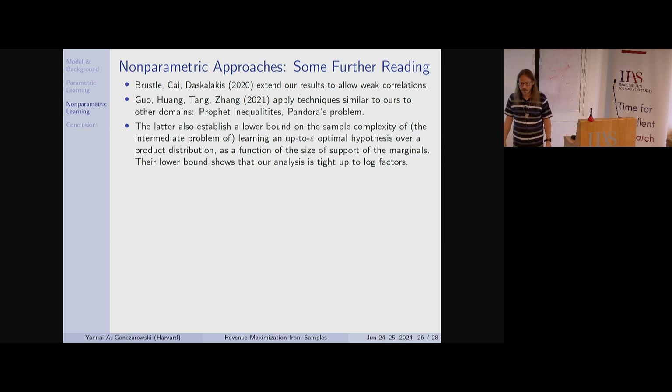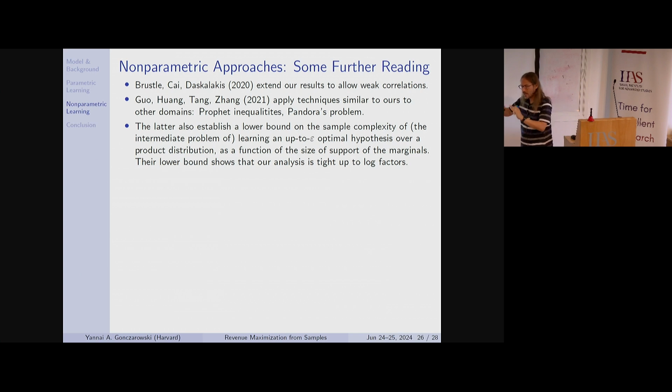Log factors meaning log of n somewhere. The size of the support of the marginals wasn't in the expression, h over epsilon. It was poly. No, but I'm saying this intermediate problem that they give a lower bound for is learning an up to epsilon optimal hypothesis over, I should have said, a finite product distribution as a function of the size of the support of the marginals.